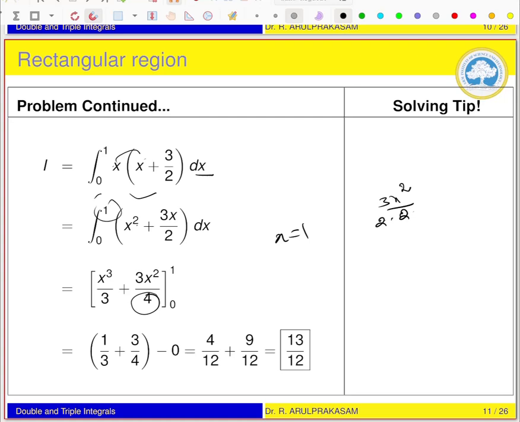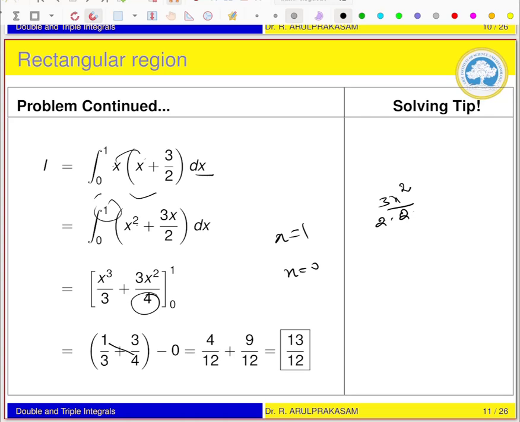The answer I am getting is 1 by 4 plus 3 by 4. By the integrating formula, minus the lower limit value: substituting x equal to 0, 0 by anything is 0. So now I can simplify by taking the LCM.